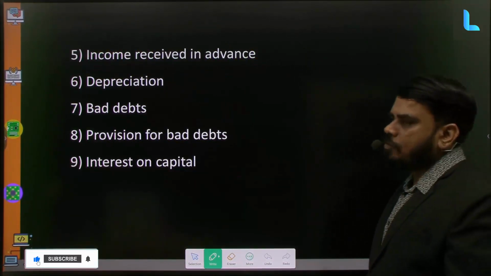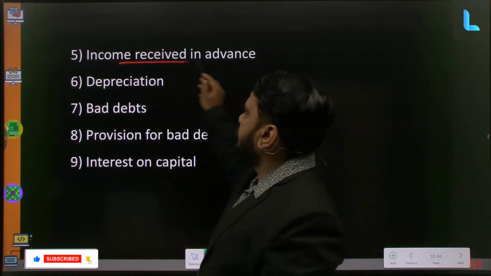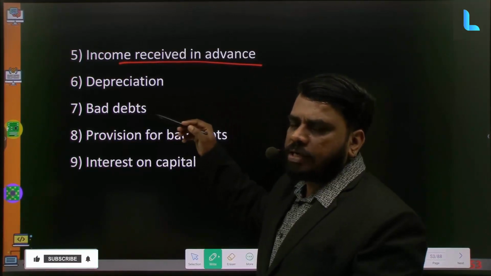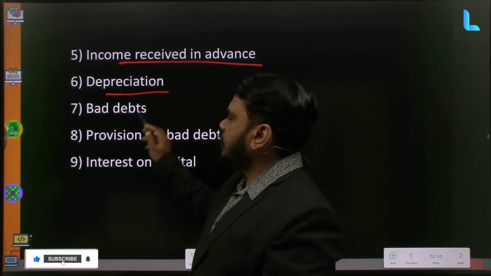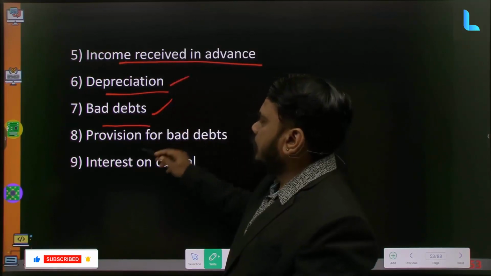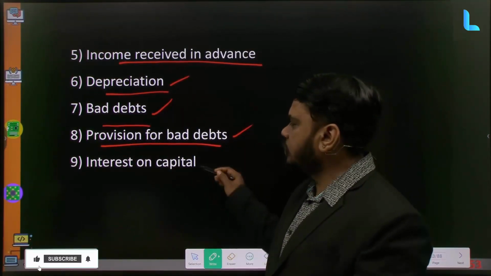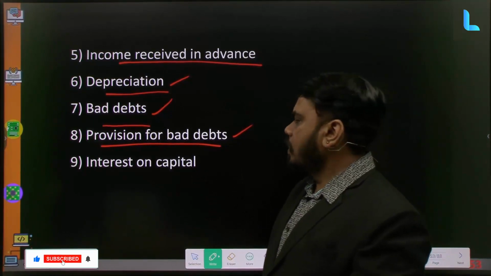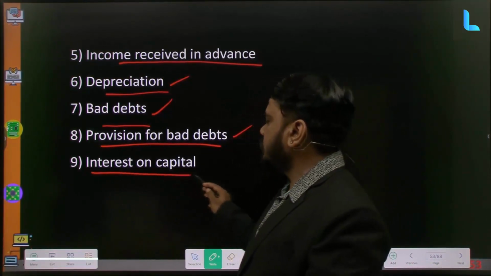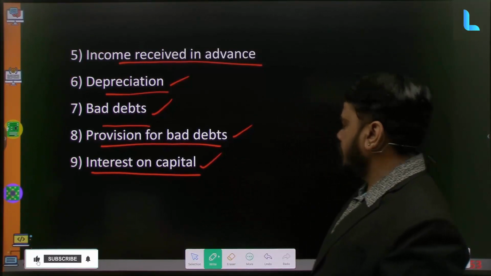Other things involved are income received in advance, depreciation, bad debts, and the provision for bad debts, that is, if bad debts occur, the provision to recover them, and then the interest paid on capital.